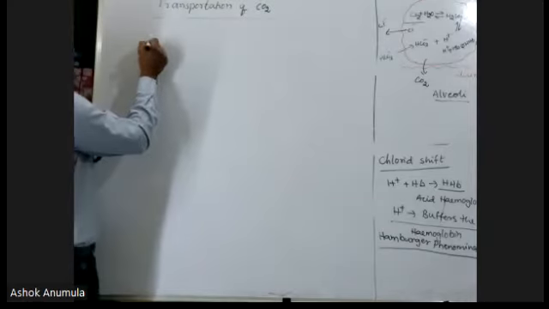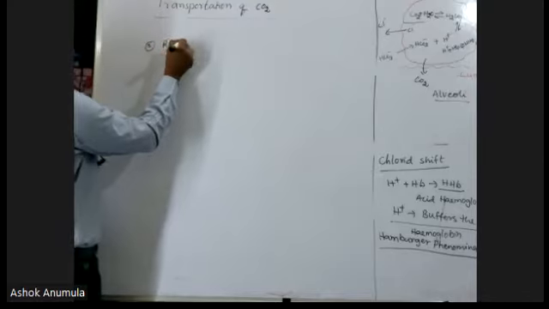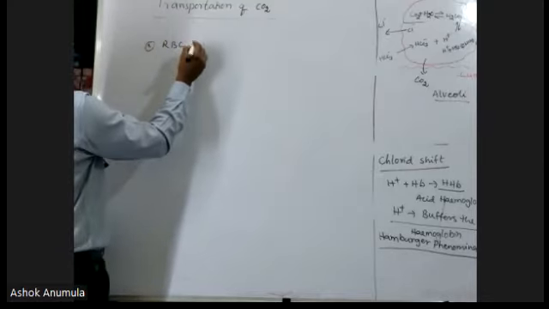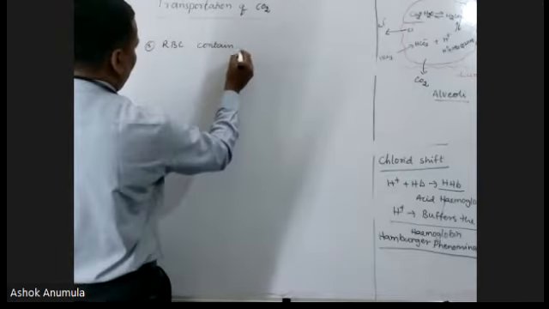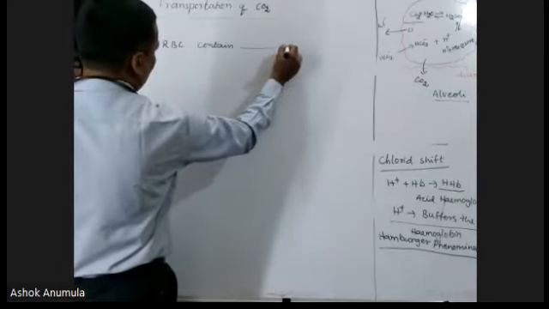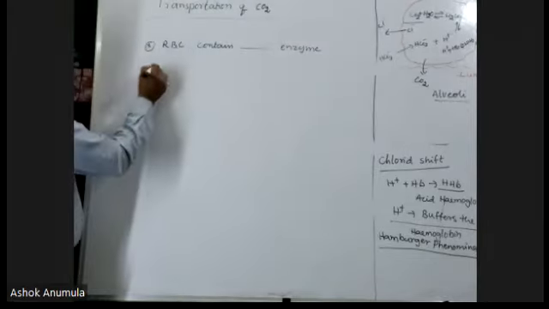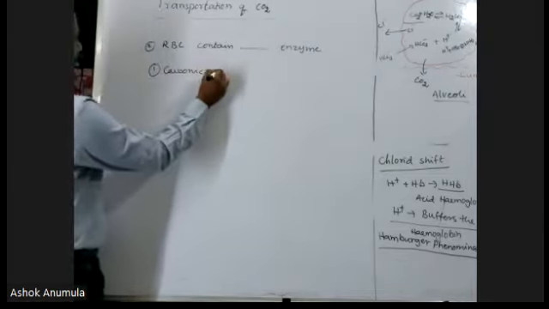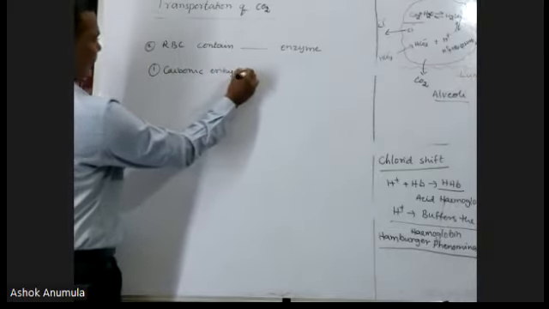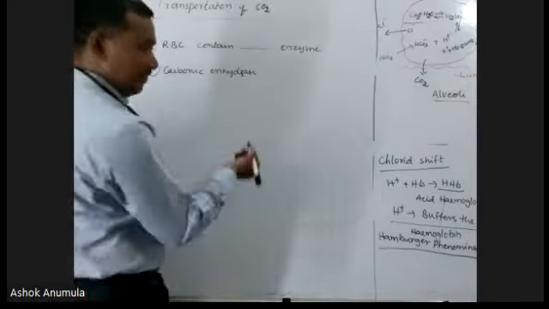I'm giving a simple question at first now. Listen to me. RBC contains dash enzyme. Here you can take carbonic anhydrase. Listen carefully, look at the word properly, I am confusing you.